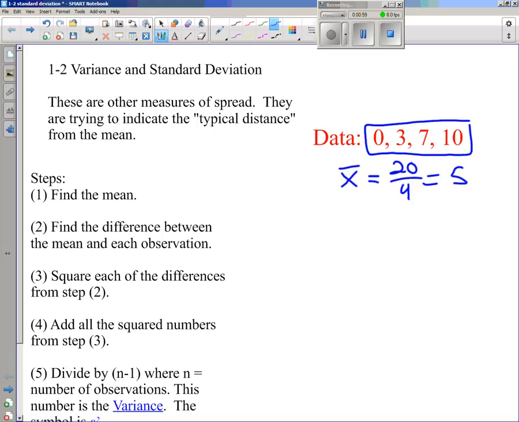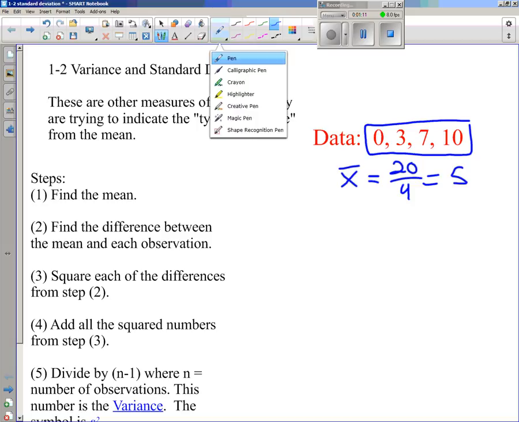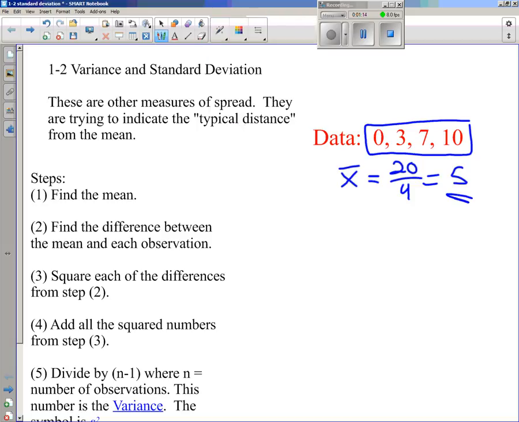And then what you do is you find for every observation, so for each of the 4 observations, the difference between the mean and said observation. So you have 5 and 0, 5 and 3, 5 and 7, 5 and 10. So you find the difference 4 different times. I'll do this in kind of a table form here.